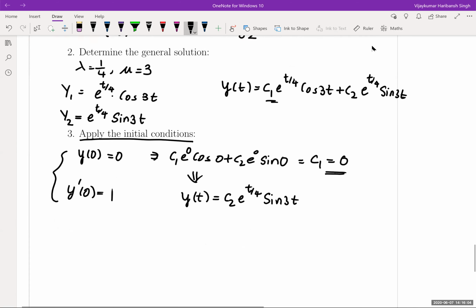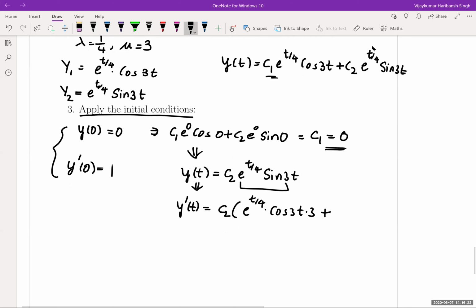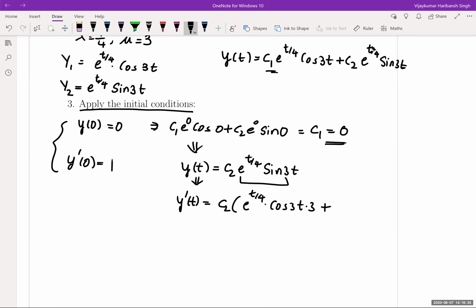So now once I have that, I'll apply y prime of t. This gives me y prime of t is going to be C2. I have to use the product rule. So e to the power t by 4 times cos 3t times 3 plus e to the power t by 4 times the derivative of t by 4, which is 1 by 4, multiplied by sine 3t.